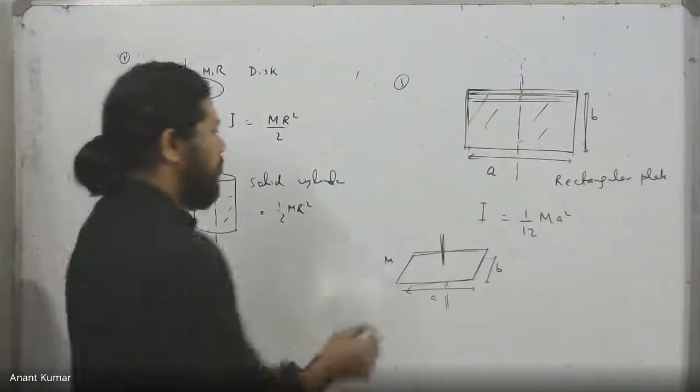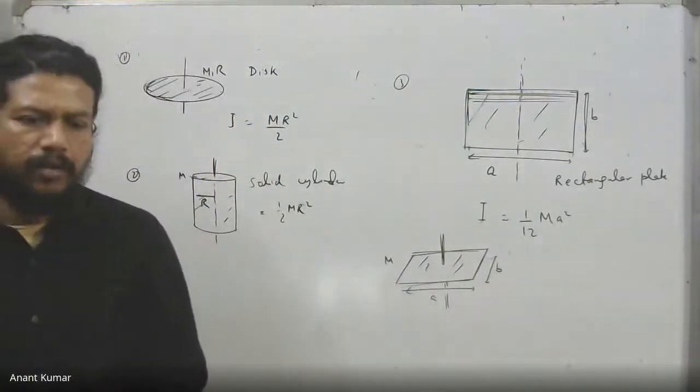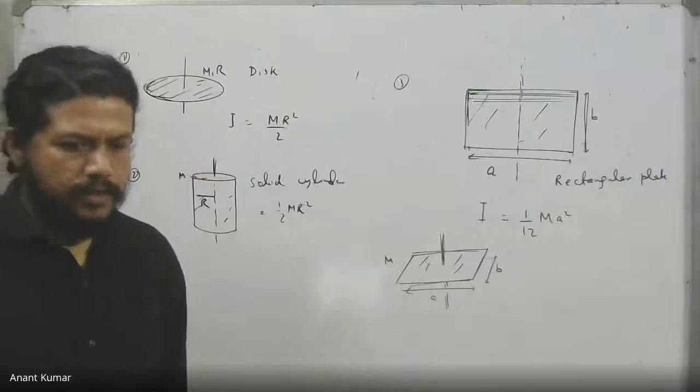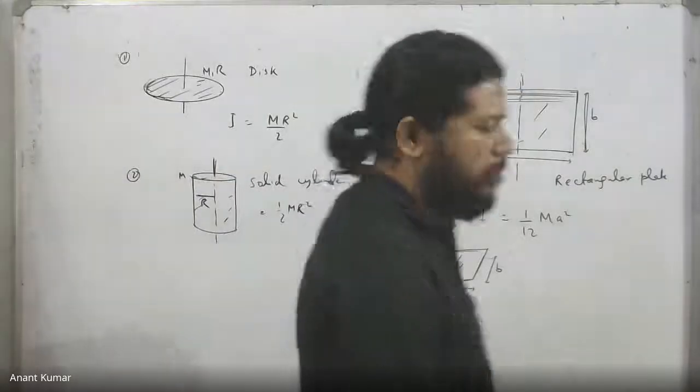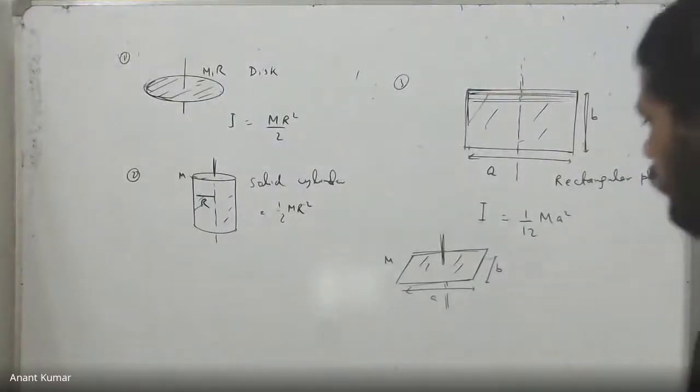What do you get? Yes, it will be 1 by 12 into m a square plus m b square.